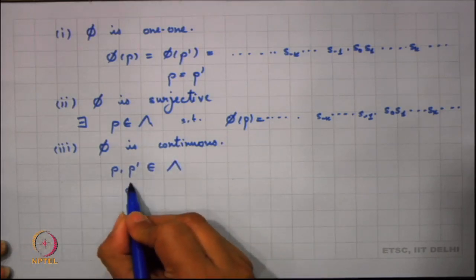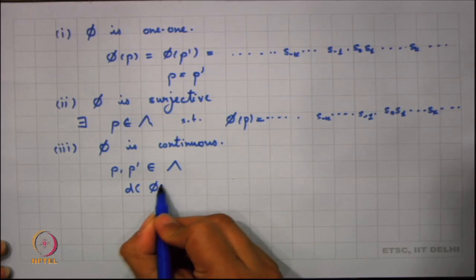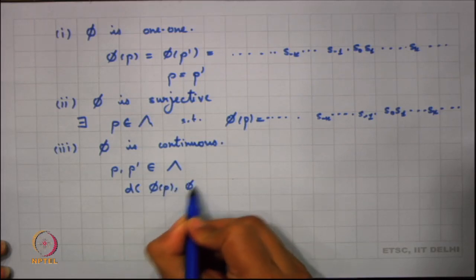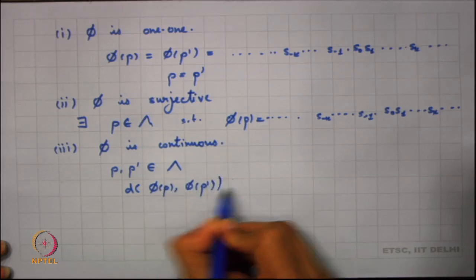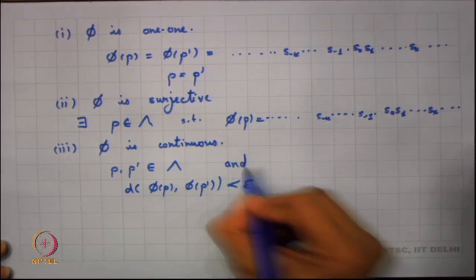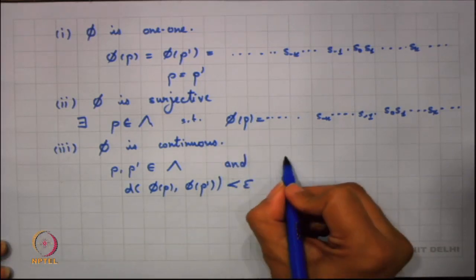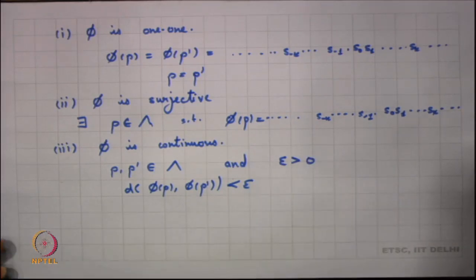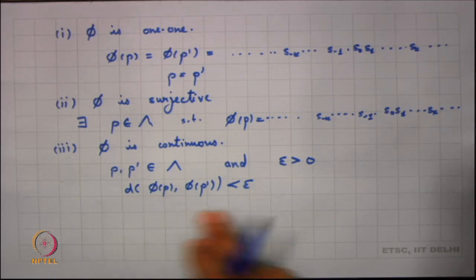What is the meaning of saying that the distance between phi p and phi of p prime is less than epsilon? So, let me take an epsilon positive.